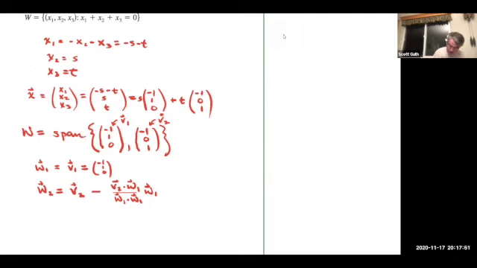So let's see what we can get here. So with V2, that was -1, 0, 1. Okay, and then minus, if you do V2 dotted with W1, I think you just get 1.